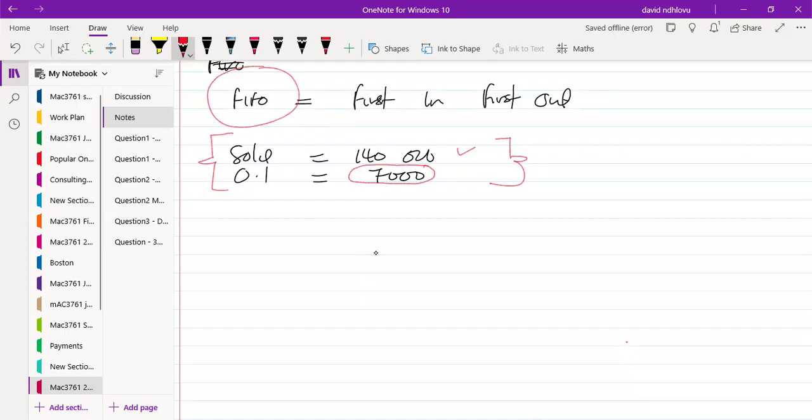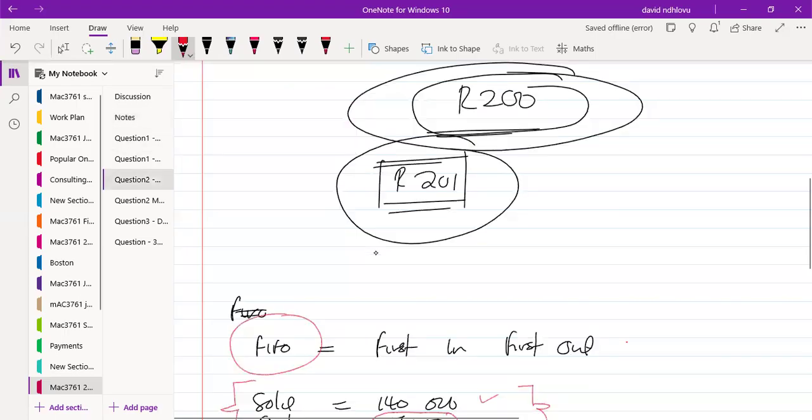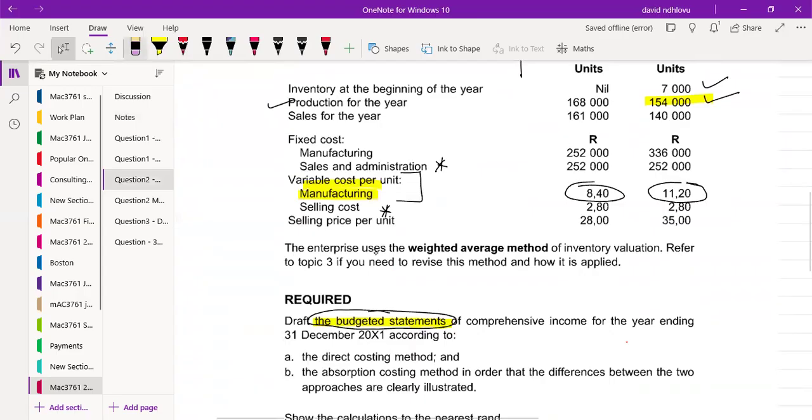We ignore it. So our calculation would have been like this: how many units did we produce in the current year? We have 154.